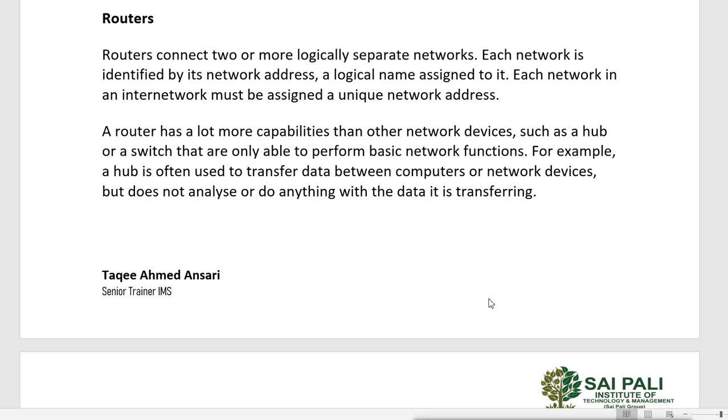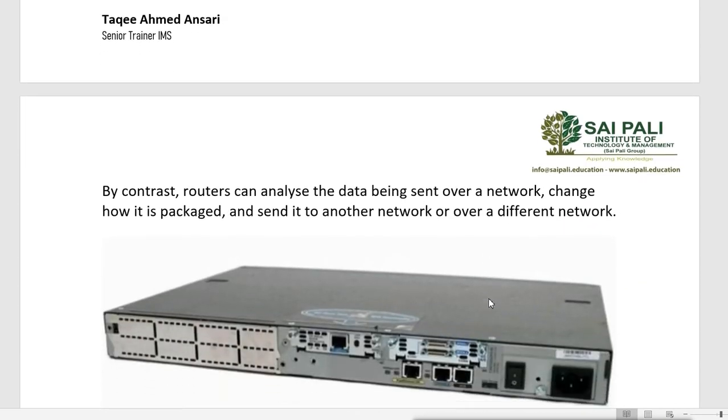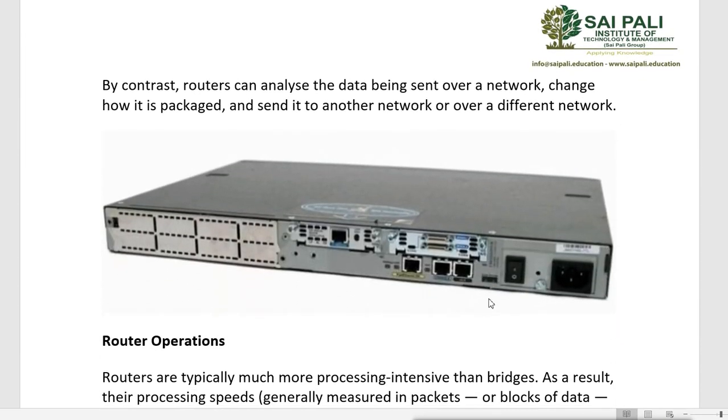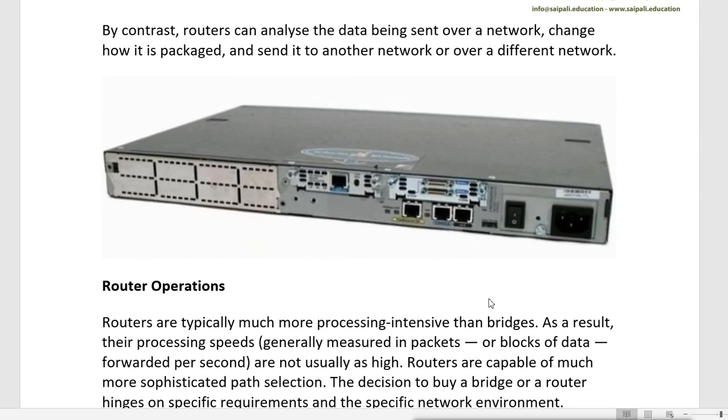For example, a hub is often used to transfer data between computers or network devices but does not analyze or do anything with the data it is transferring. By contrast, routers can analyze the data being sent over a network, change how it is packaged, and send it to another network or over a different network.